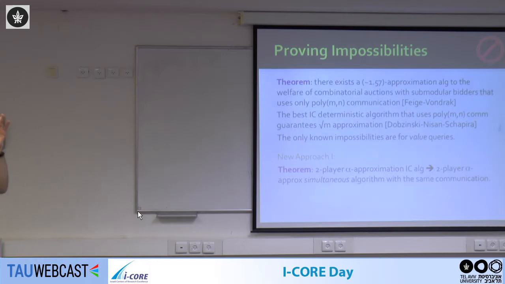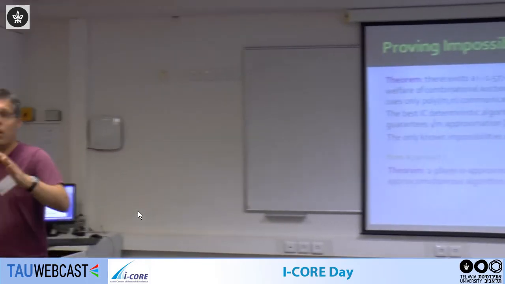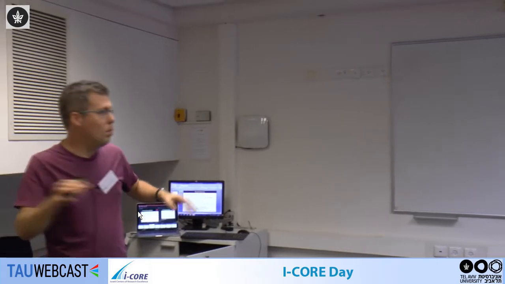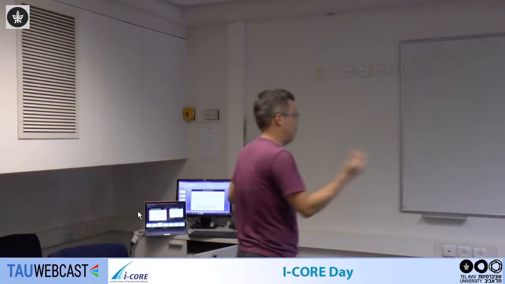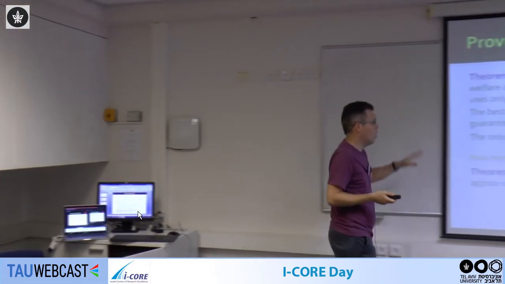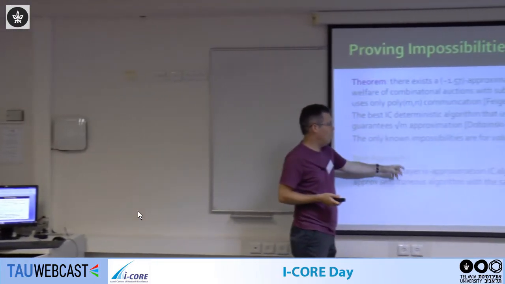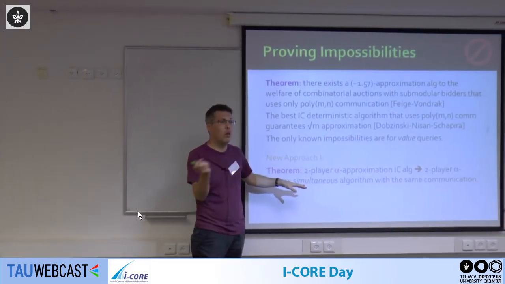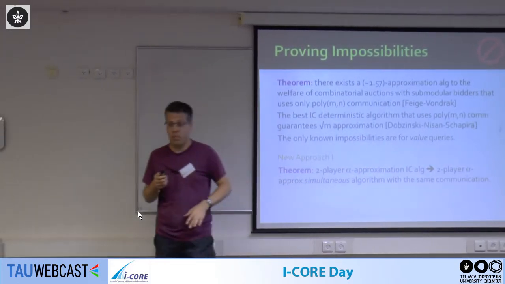It is one in which the two players speak simultaneously without knowing anything about the evaluation of the other. They both send, say, polynomial messages, and the center can give us a good allocation. So what the theorem is saying is that if you have an incentive-compatible mechanism, you also have a simultaneous algorithm, one that does not need interaction between the players.